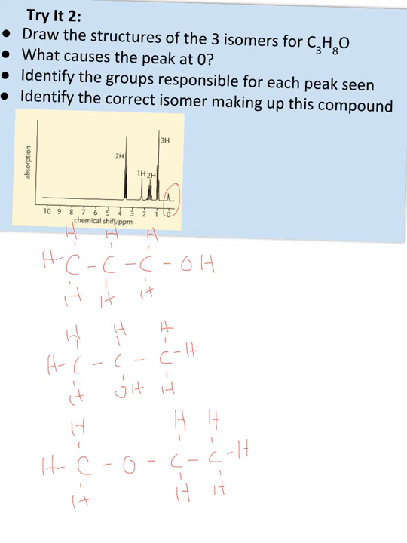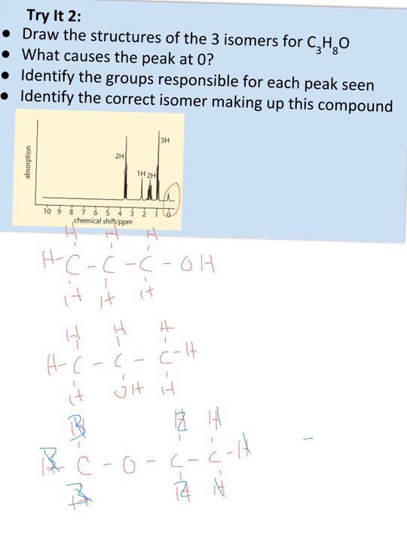So if I start with my last isomer, I have one hydrogen environment with these CH3s, and I have a second hydrogen environment here. Now it's possible this CH group is slightly different than this CH, so I possibly have a third environment here.